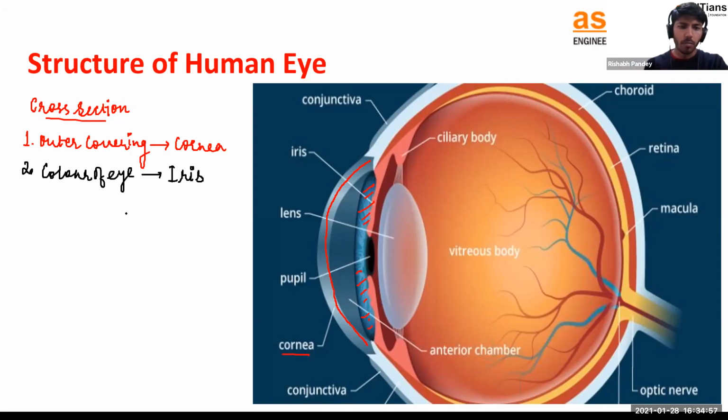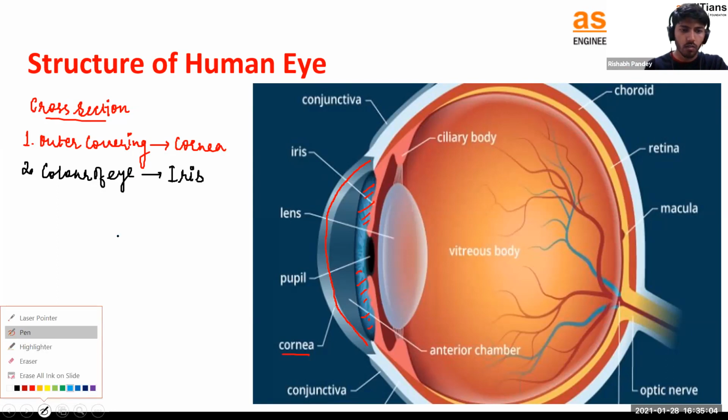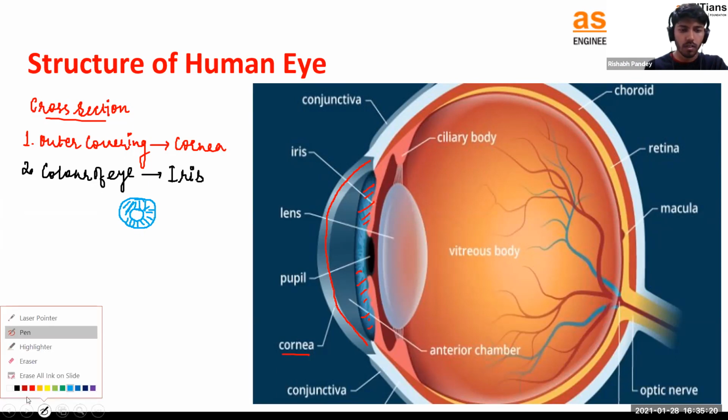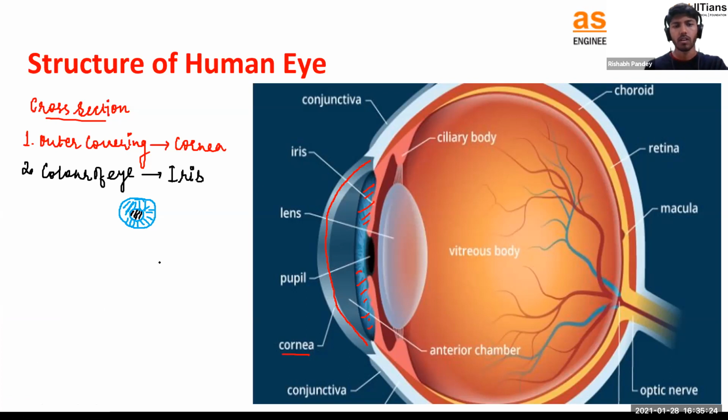Let me draw this. Say this is the iris part which I'm drawing, and it somewhat looks like this, with a hole-like structure over here. This will be completely blue colored, and the inner part, as you can see, is like this. So the outer part, the colored part, is called the iris.